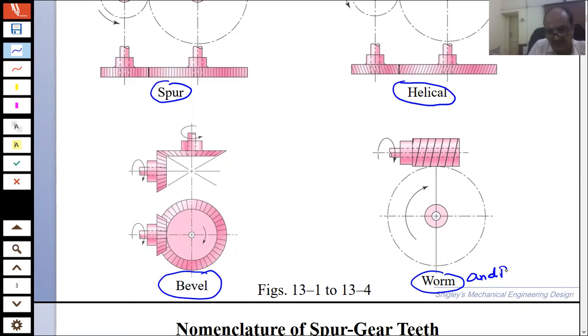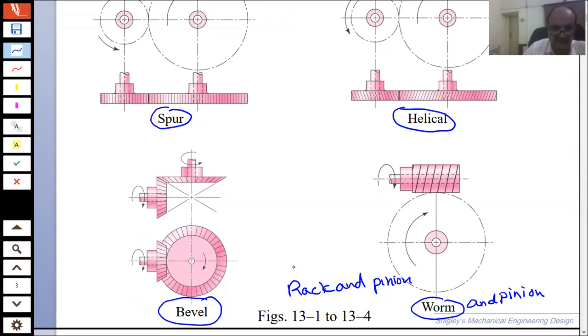There is also another type of gear which is called rack and pinion. So this is another type of gear that we would use.